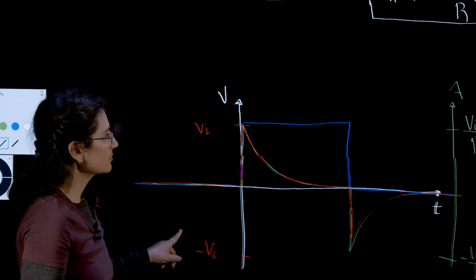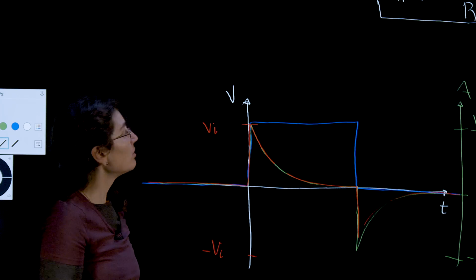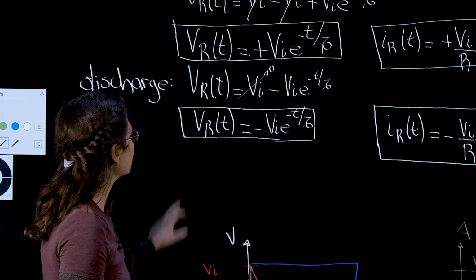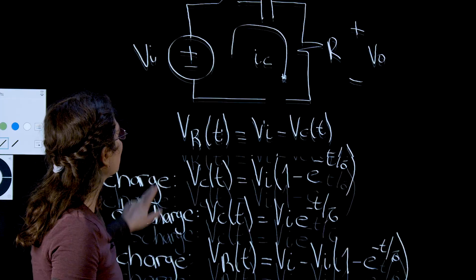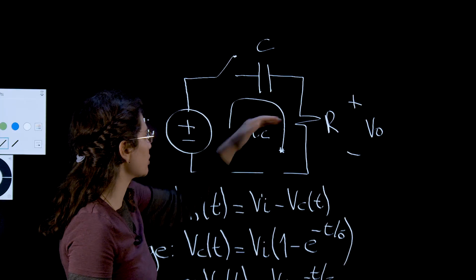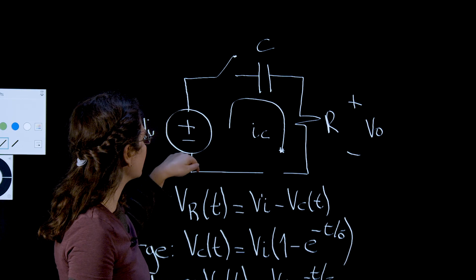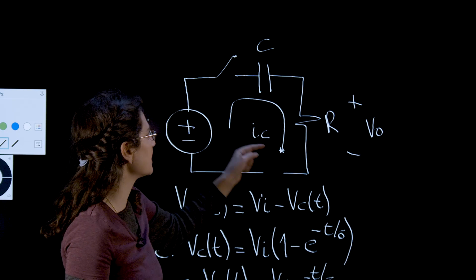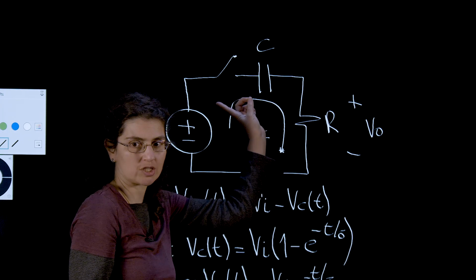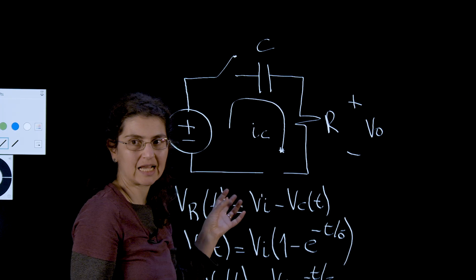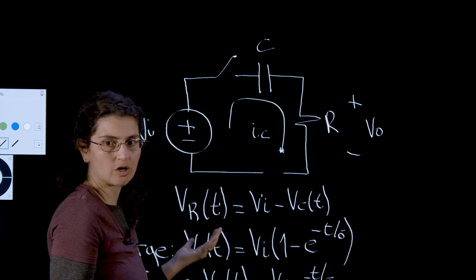Now, when we look at the current, of course, when I switch on the circuit, the current flows in this direction. When I switch off the voltage source, this is basically short-circuited and my current goes in the other direction. It's obvious to see that the current is negative, but where's the negative voltage coming from?